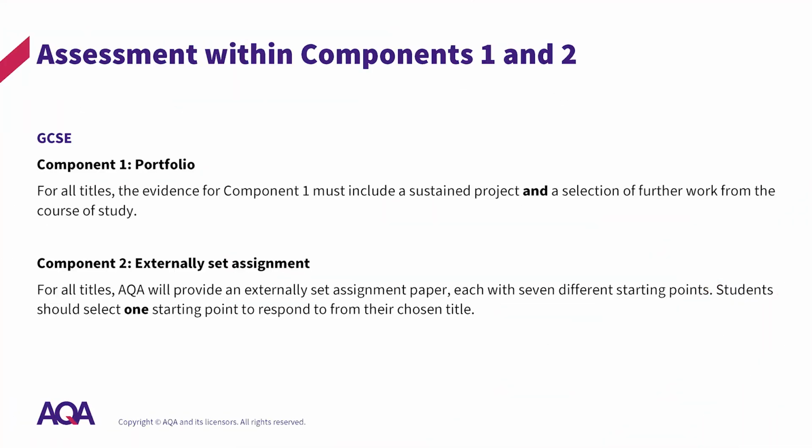And that is the same set of criteria, same set of objectives in both components. In component 2, it's a response to one of the starting points, and I use that word advisedly because although it's referred to as a question paper, there are no questions because there's no right or wrong.